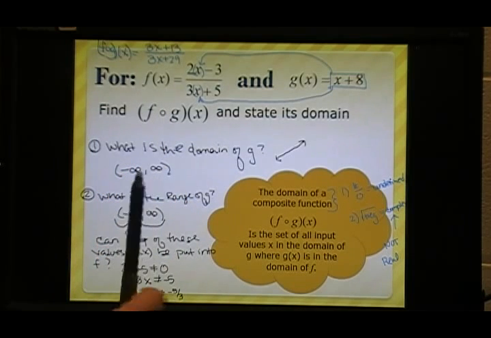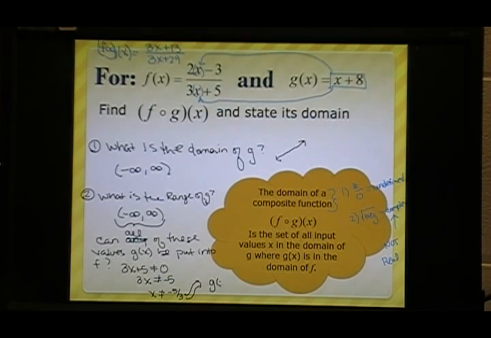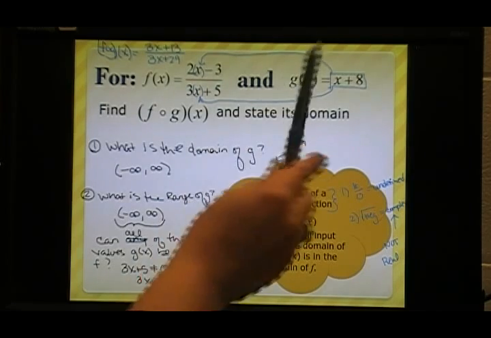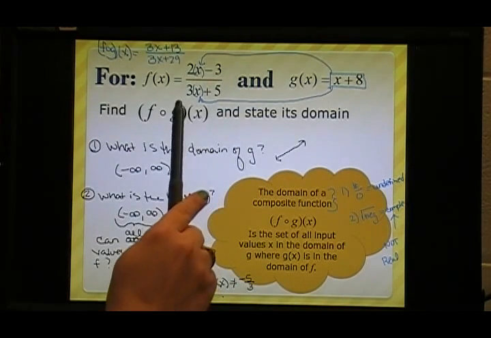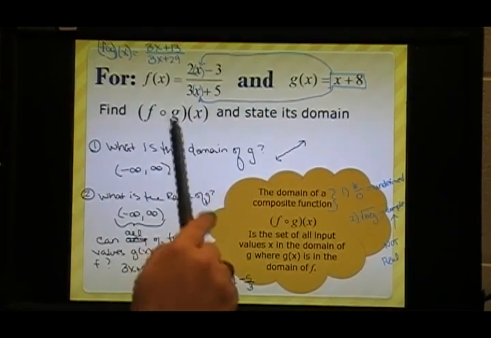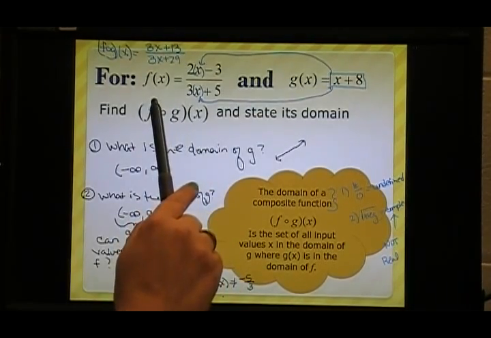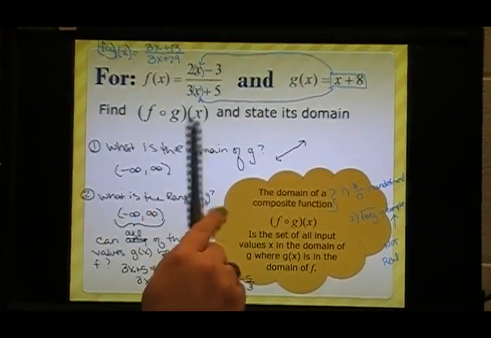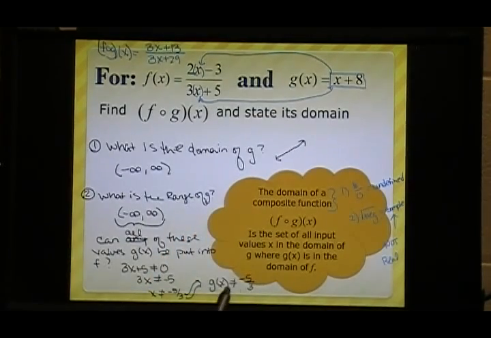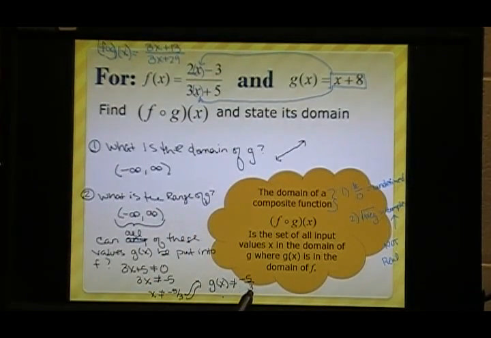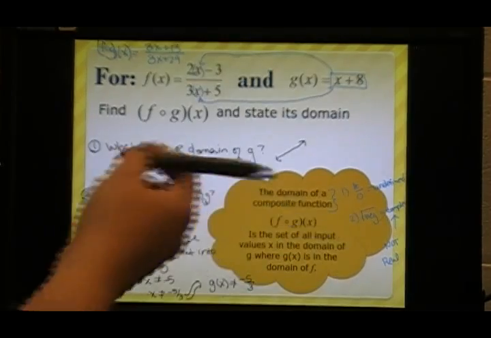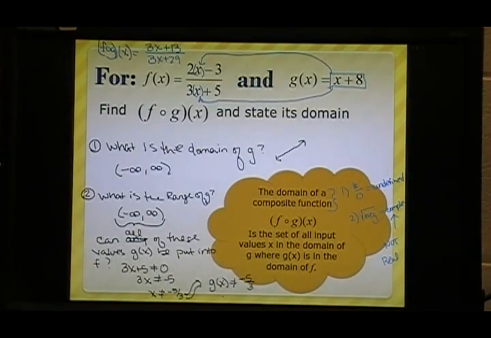And so therefore, g of x cannot be negative 5/3, right? Because I'm going to have my values of x that I substitute into g, and those values then I would substitute into f. So I have to make sure that my g of x is not equal to negative 5/3, so that I don't get 0 in the denominator.